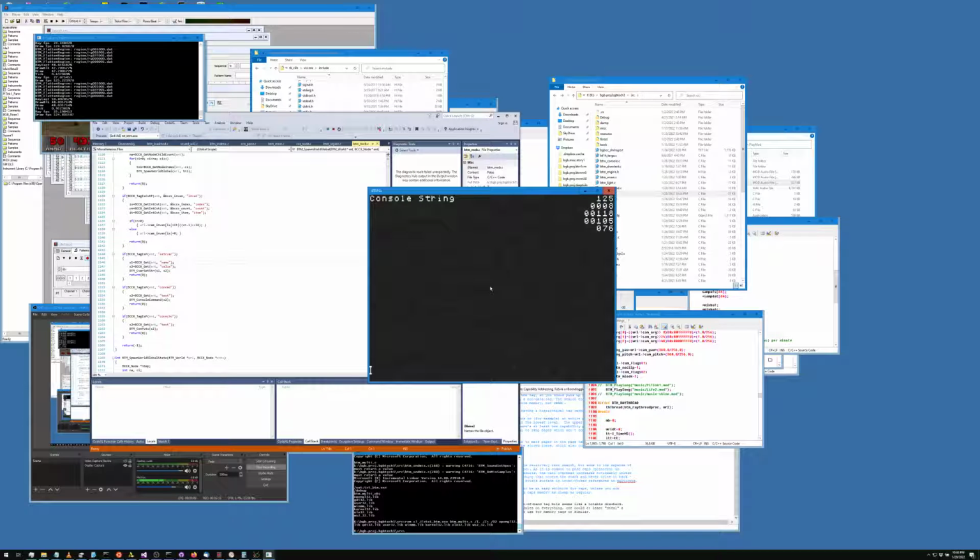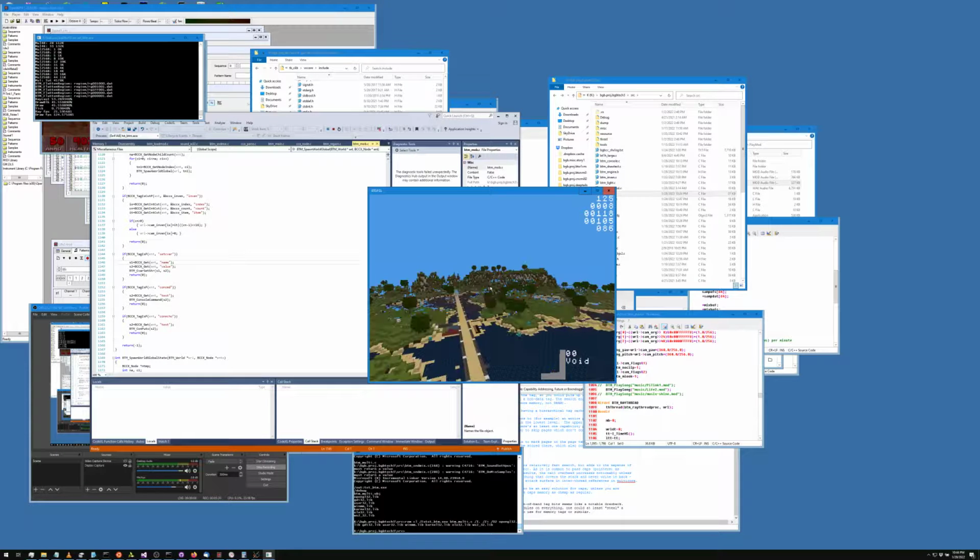It's currently at 128 blocks draw distance, but I can increase it in theory. So now I'm at 192 blocks draw distance.